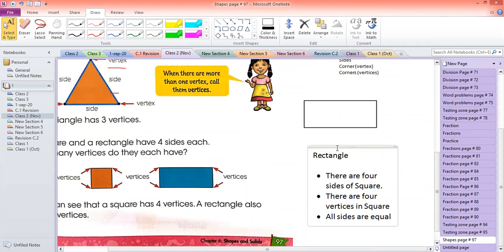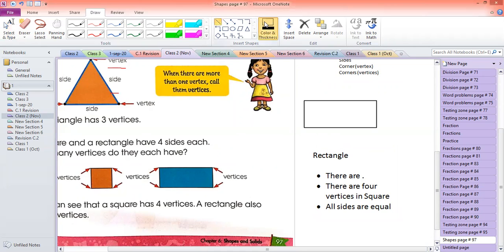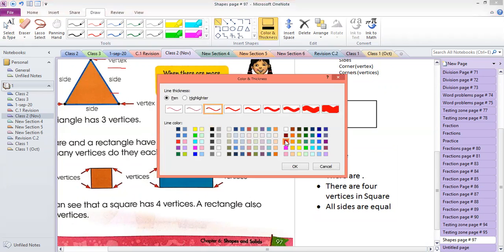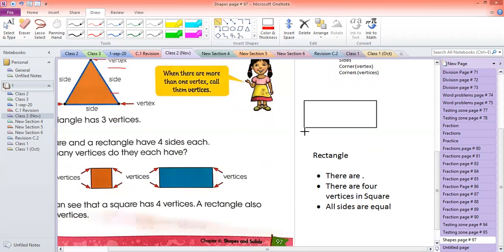How many sides are there in a rectangle? We will check first from here. Look here guys.